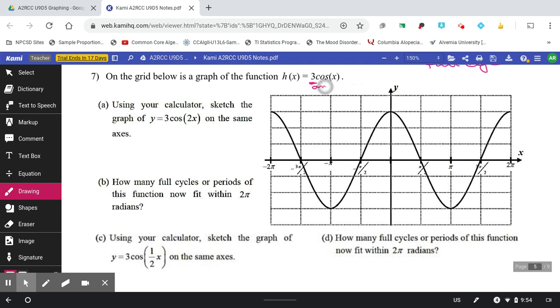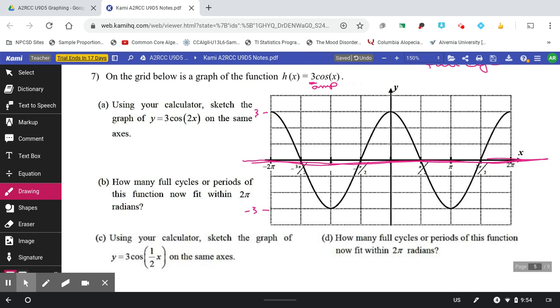That's the amplitude, which means that that is the height. So we have the midline, which goes right through the middle, and we have 3 above and then 3 below. That's where that 3 comes from.